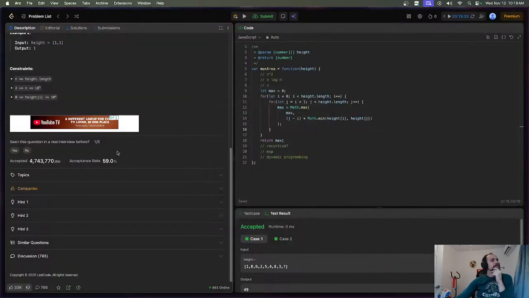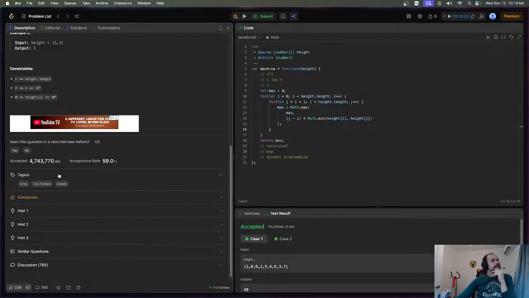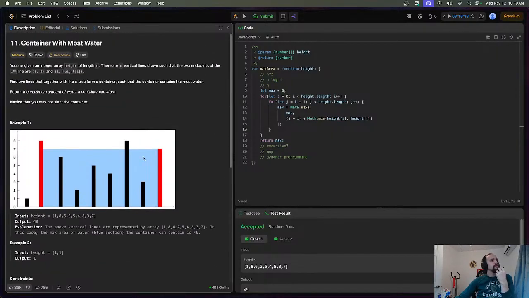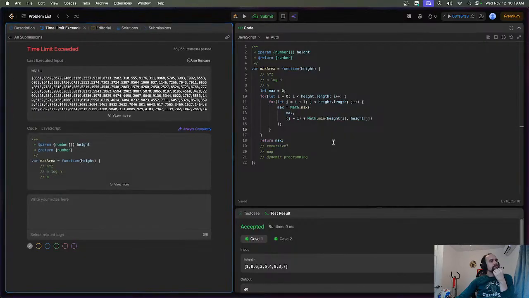Oh, I'm not allowed to see that. Greedy. Let's submit it. I'm just curious how many people optimize. Okay, well, you do need to optimize, it seems.